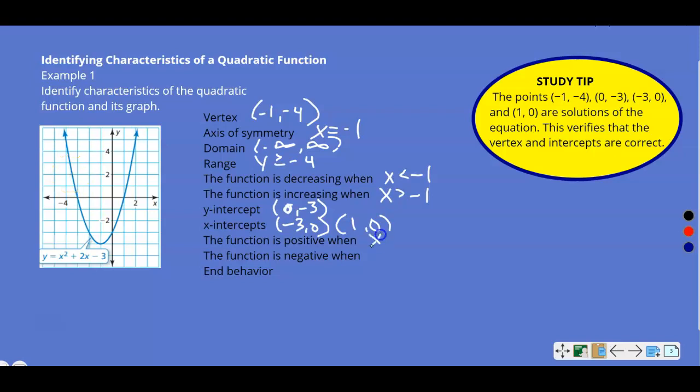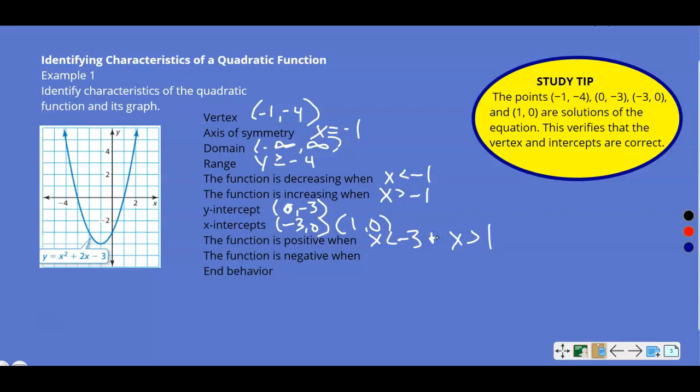So I'm going to say x less than negative 3. All right, and it's also positive on this side. It's above the x-axis on this side. So it's also positive when x is greater than 1. All right, let's just put an and there.